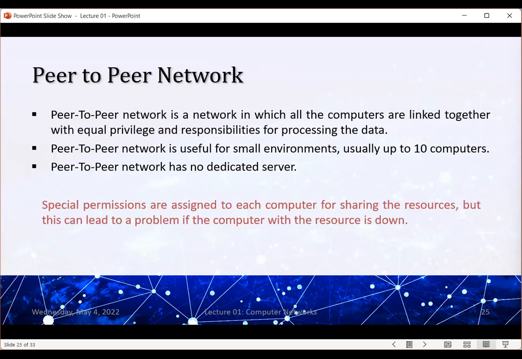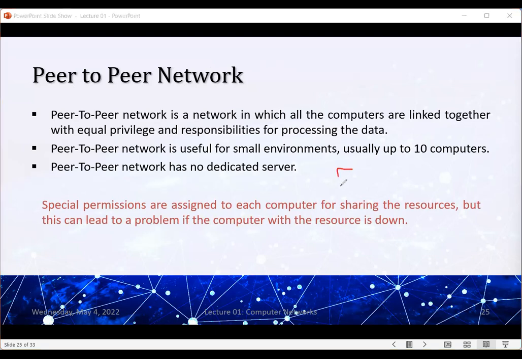Let's see one by one. Peer-to-peer network means all the computers are linking each other, and they use the same speed, and they have same responsibility to share the information. I'll show one example.